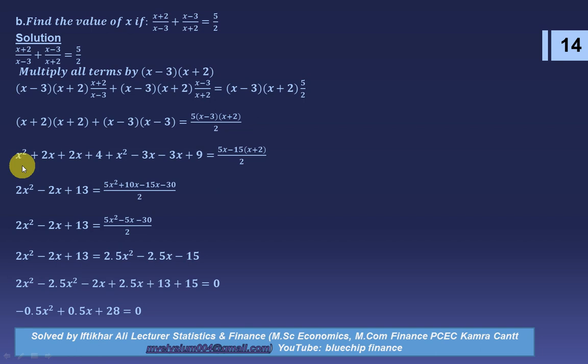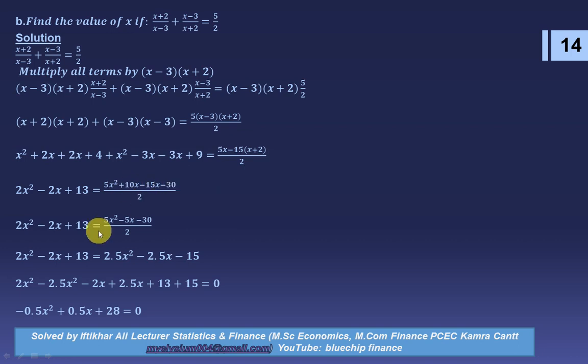So x square plus x square is 2x square, minus 2x, because 2x plus 2x is 4x, and 4x minus 3x minus 3x will be equal to minus 2x, and 4 plus 9 will be equal to 13. This one will be equal to 5x square plus 10x minus 15x minus 30 divided by 2.